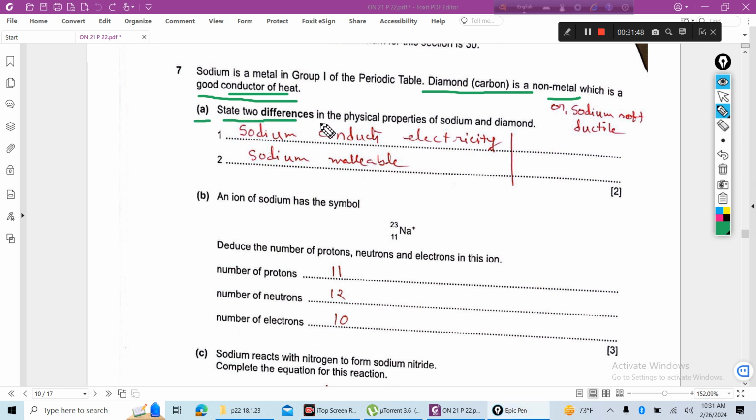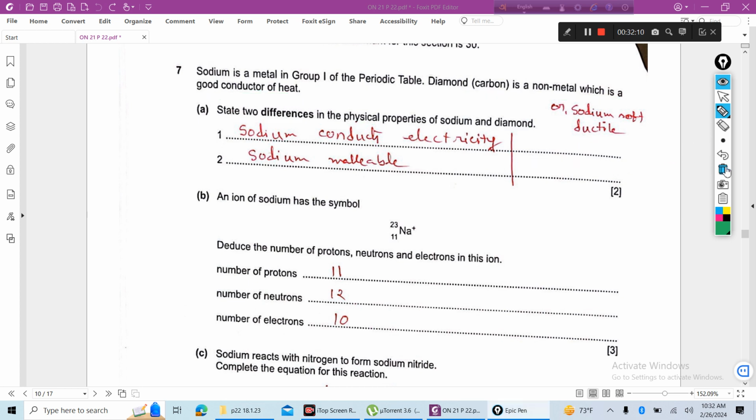State two differences in the physical properties of sodium and diamond. Sodium is a metal of group 1, diamond is a non-metal which is a good conductor of heat.